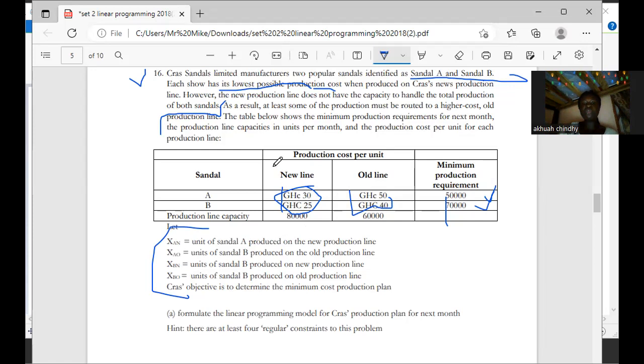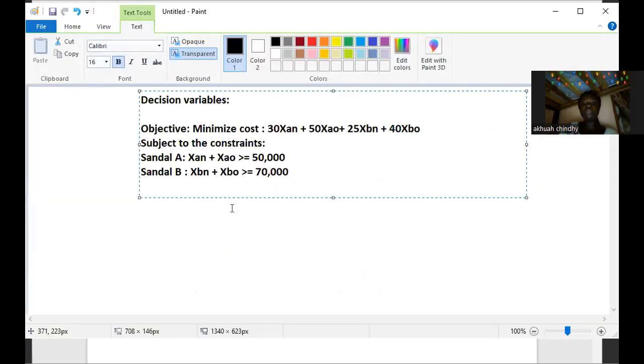So this aspect of the table is telling us that sandals A produced on the new line plus sandals B produced on the new line should be less than or equal to 80,000. That is maximum. That's the meaning here, maximum. So you have to understand English plus understand the mathematical translations.